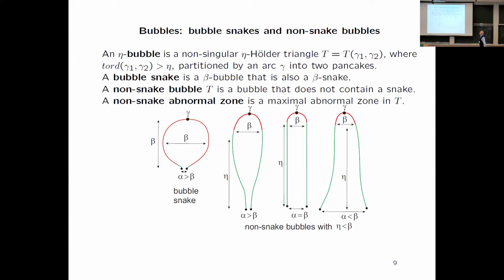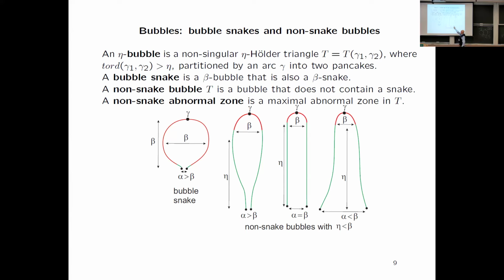Finally, there are non-snake abnormal zones, and this is a bubble snake. This is still a snake. This is again a beta zone, but a very simple snake, which is called a bubble. It has some unusual properties. In a certain sense, it's the simplest possible snake, and all other snakes can be produced by growing out of this.